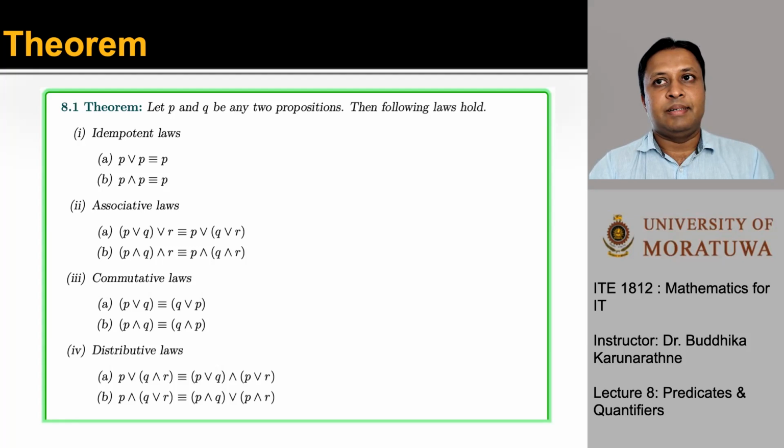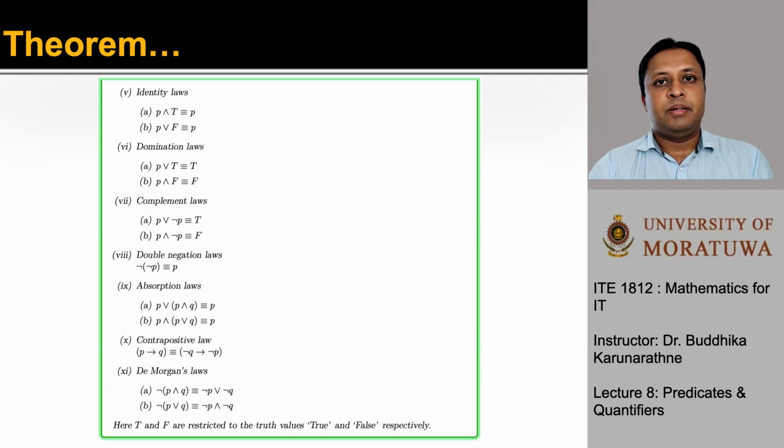You can see the associative behavior of the two propositions P and Q related to conjunction and disjunction. And also third is the commutative laws, also regarding the commutative fashion of conjunction and disjunction. And then, of course, the distributive laws, also regarding the conjunction and disjunction of these two propositions, P and Q.